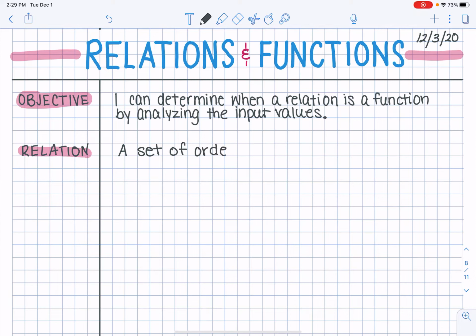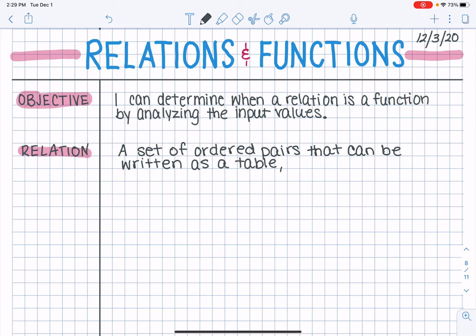So they're a set of ordered pairs that can be written as a table, graph, or mapping diagram.